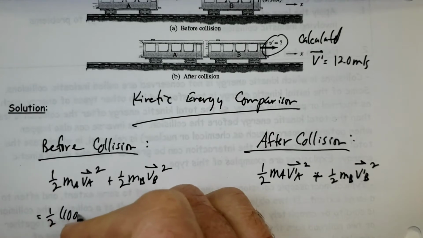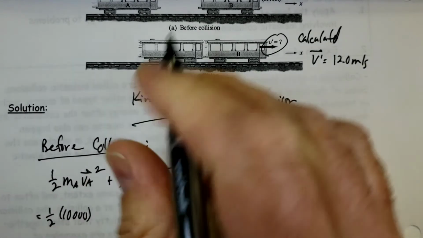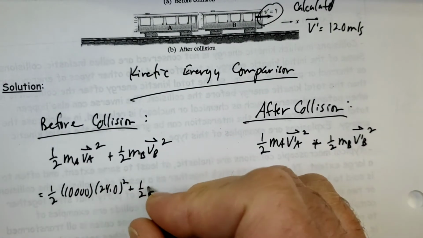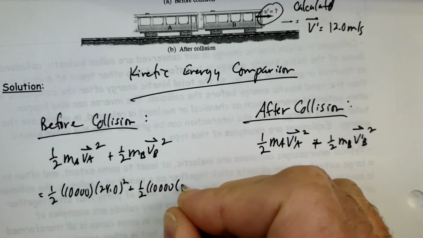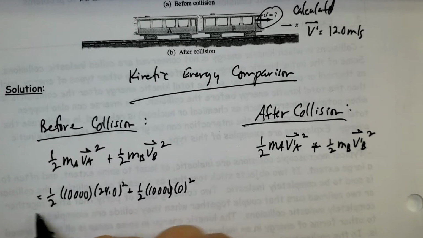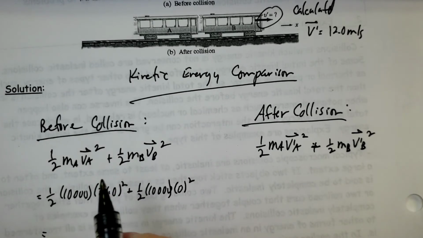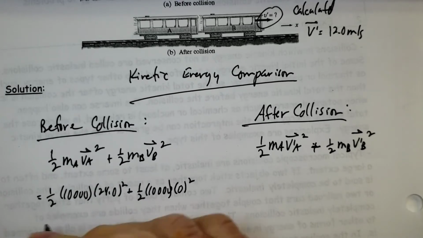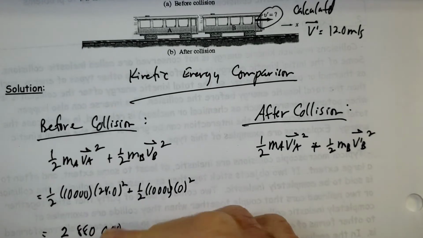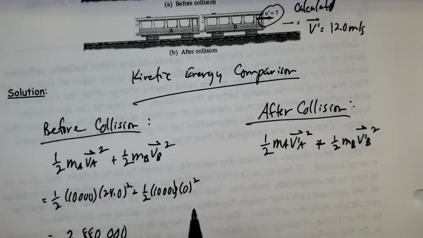So 10,000 kg. A, we were told, was going 24, and B was not moving. BEDMAS: brackets and exponents come first, then multiply, so 24 squared, then times 10,000, then times a half. We get 2,880,000, and of course this part here is going to be 0.